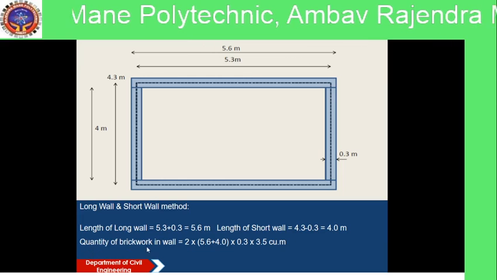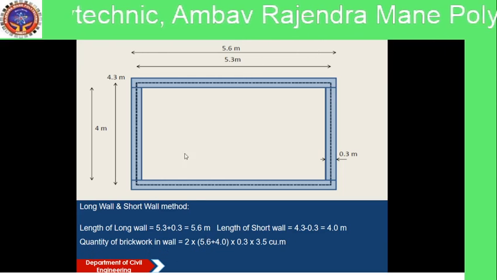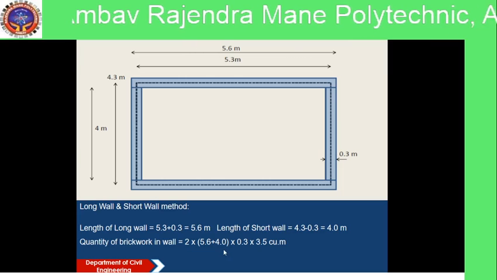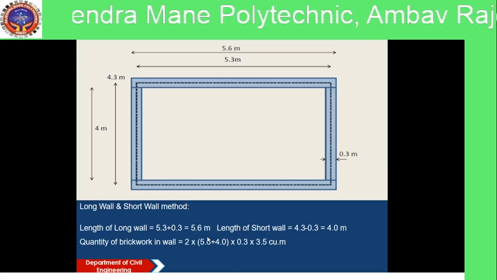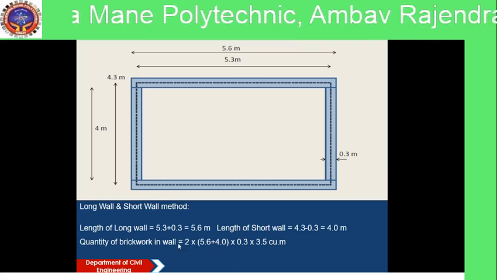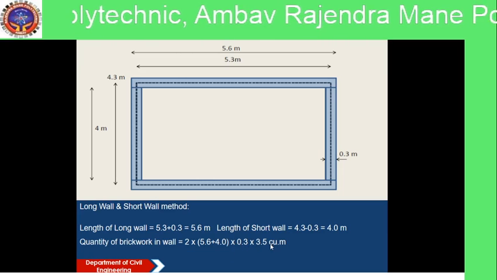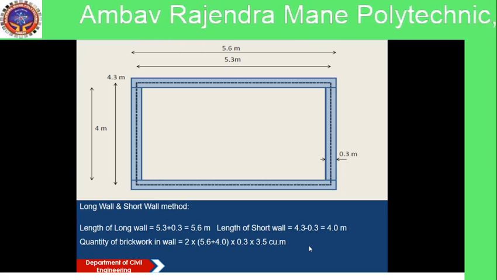So quantity of brickwork in wall is equal to two walls of length 5.6 and two walls of length 4, so two long walls and two short walls, into width of an atom into height 3.5 meter. This quantity is in cubic meter.